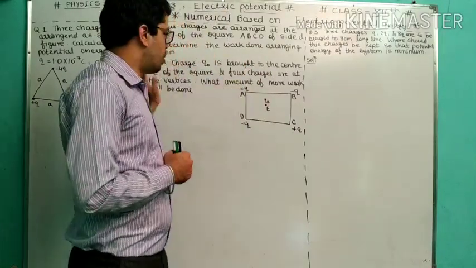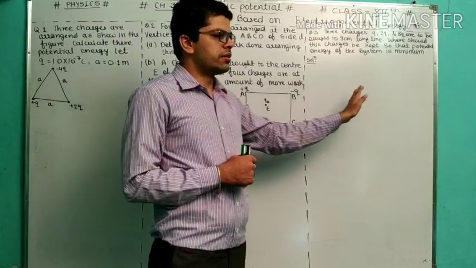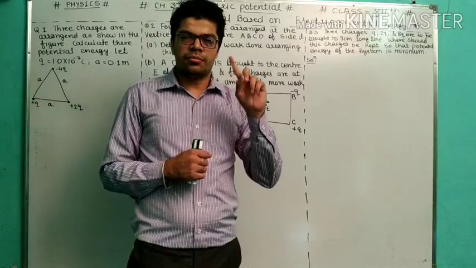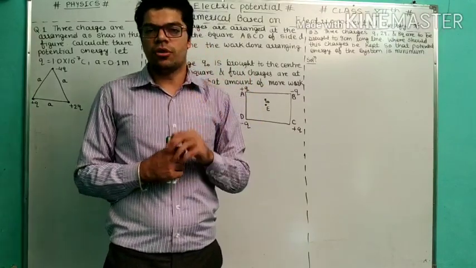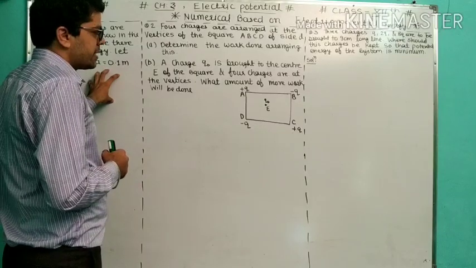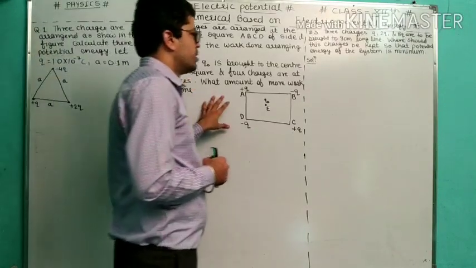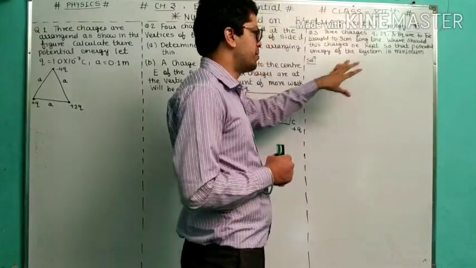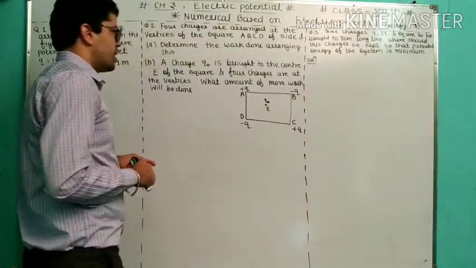So all three types of numericals are mainly based on the system of charges, that means electric potential energy due to a system of charges. This type of numerical is asked in board examinations, and also in the JEE and NEET examinations, especially in NEET.